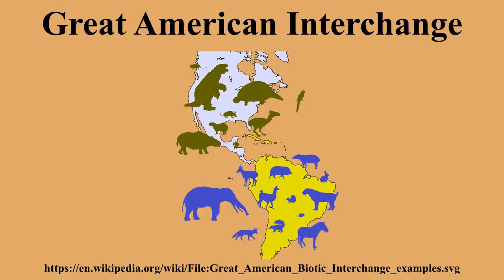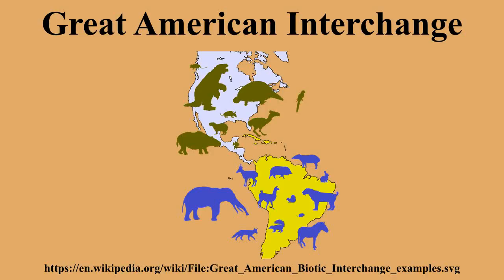Emballonurid bats may have also reached South America from Africa about 30 Ma ago, based on molecular evidence. Vespertilionid bats may have arrived in 5 dispersals from North America and 1 from Africa. Natalid bats are thought to have arrived during the Pliocene from North America via the Caribbean.